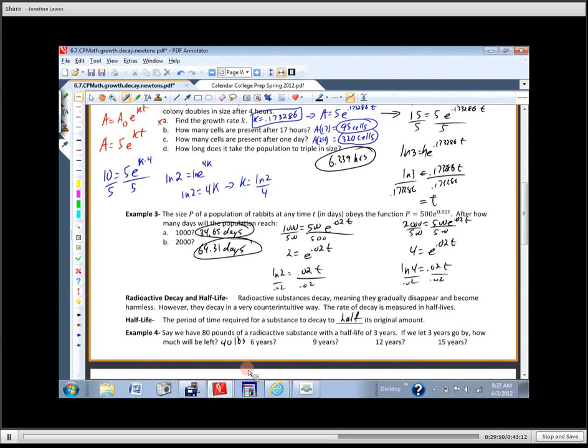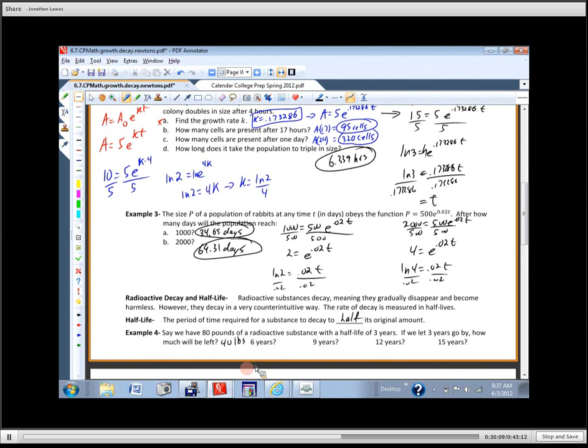Now, if you let 3 years go by and 40 pounds disappear, you would think that if you let another 3 years go by, another 40 pounds would disappear, right? Not the case. That's not the way it works. It decays according to how much is left. If you let a half-life go by, half of it disappears.